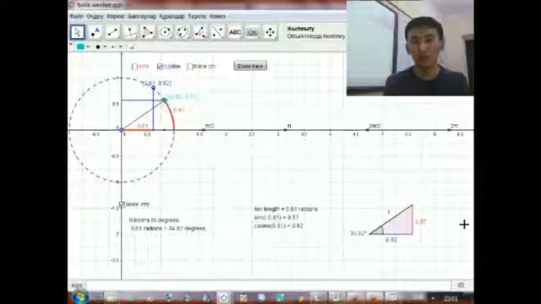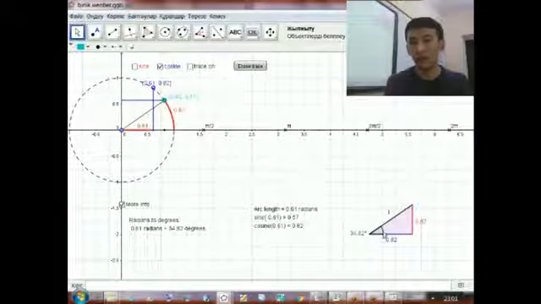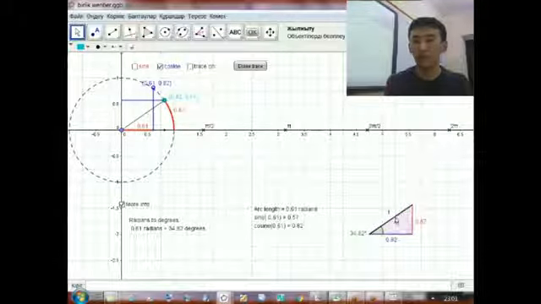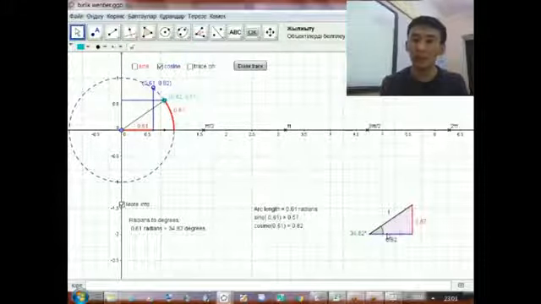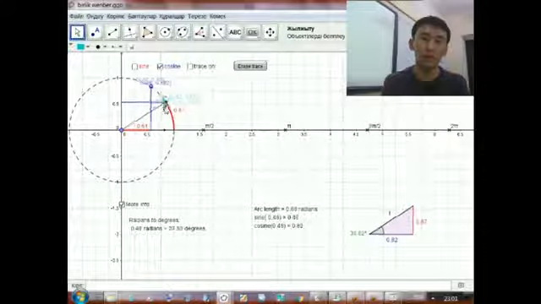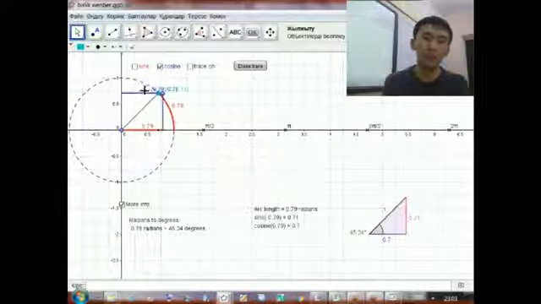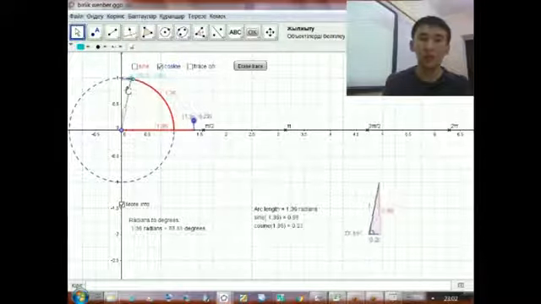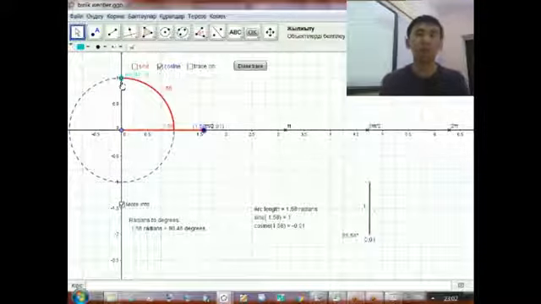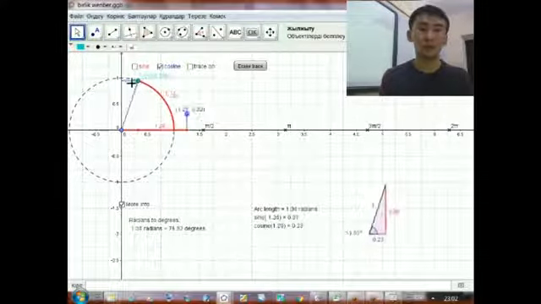Because for this angle, the value of the cosine is the adjacent side of this angle over the hypotenuse, and as the hypotenuse is equal to 1, the value of the cosine is the length of this adjacent side of the triangle. As we increase the angle, the length of this line segment is decreasing. When the angle is equal to 90 degrees, the value of the cosine is 0, because the line segment is 0.